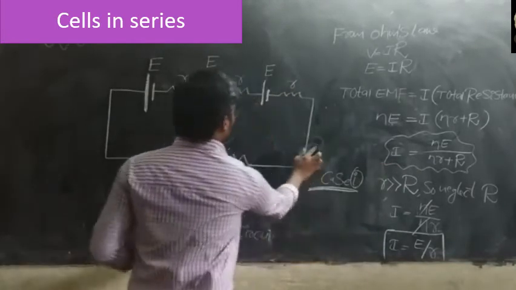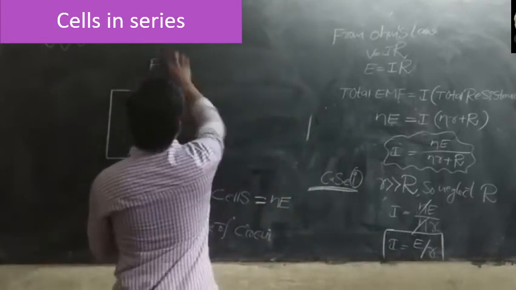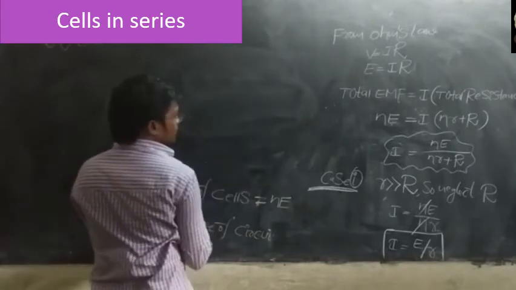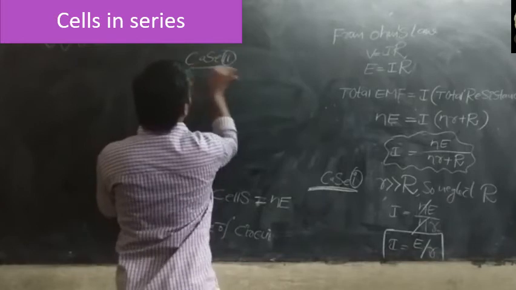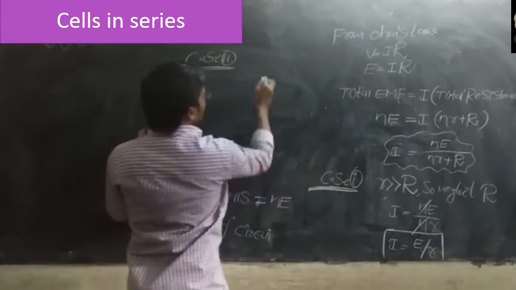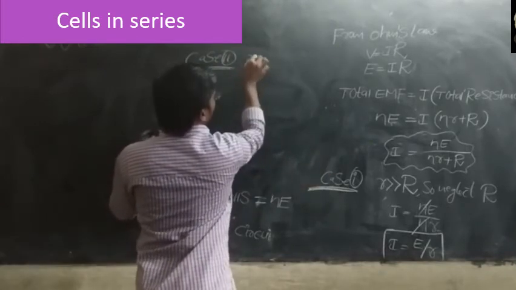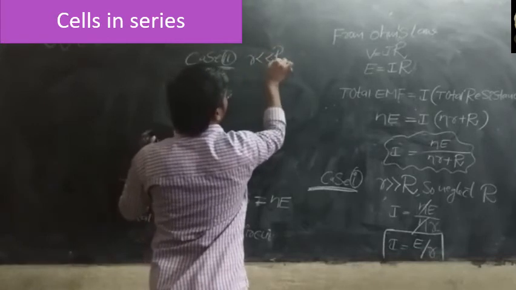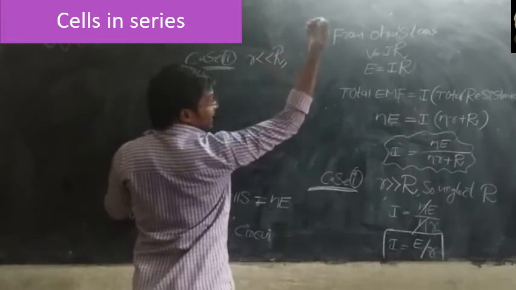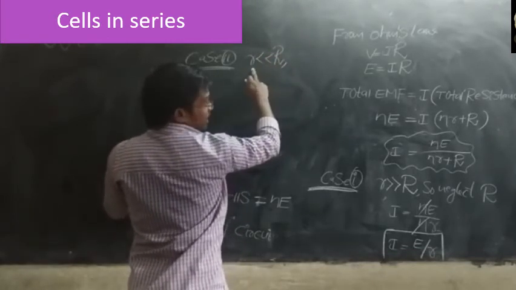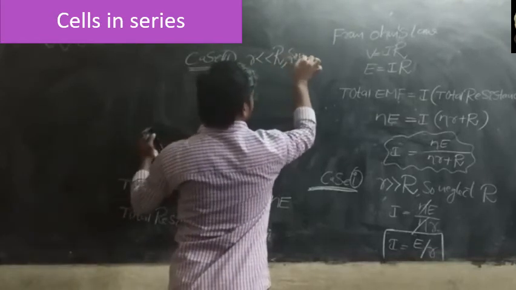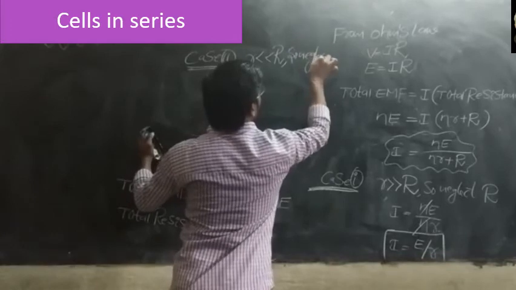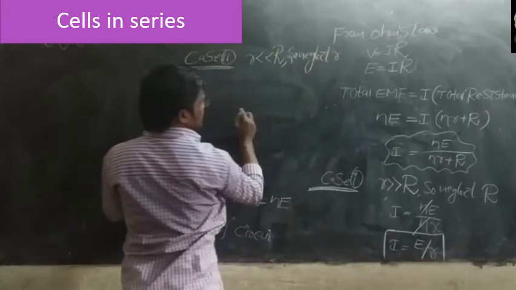And case 2. What is case 2? Small r is very much less than capital R, so capital R is very much greater than small r. So neglect small r. What is that?